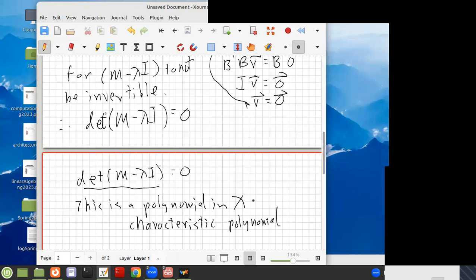Okay? This equation is called the characteristic equation. It's just the characteristic polynomial equals 0.